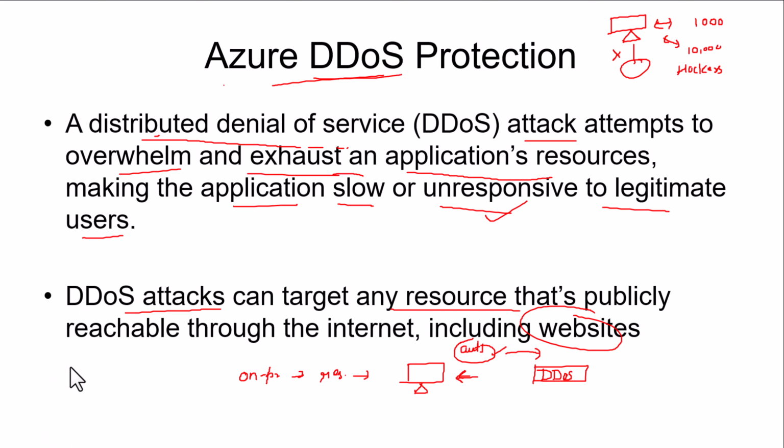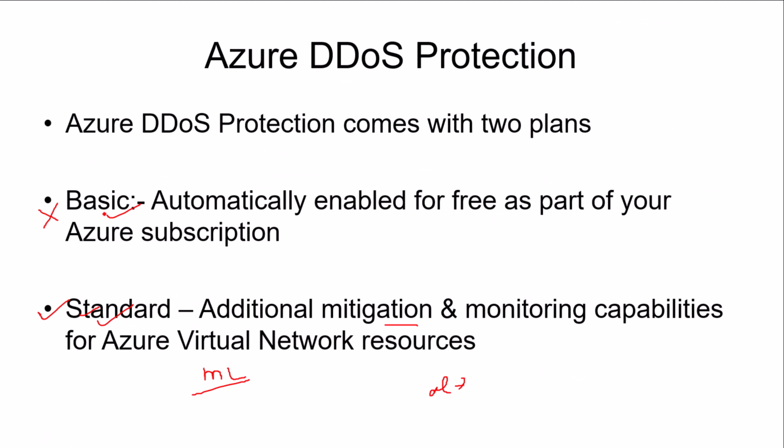We also saw that it has two plans: the basic, which is automatically enabled in Azure as soon as you deploy resources, and the standard, which provides additional features, for example automatic mitigation. It continuously monitors the traffic in your Azure, and it even uses ML to distinguish between attacks.